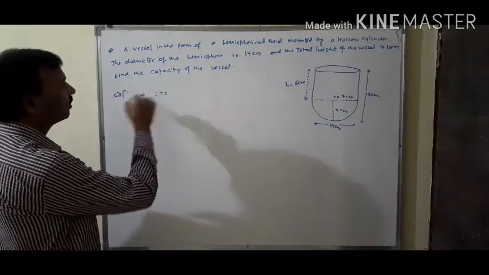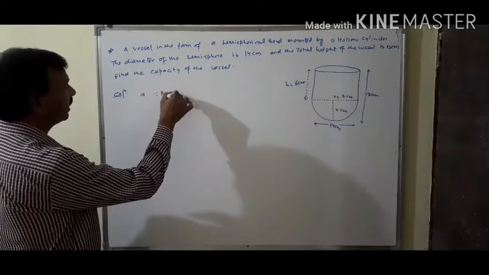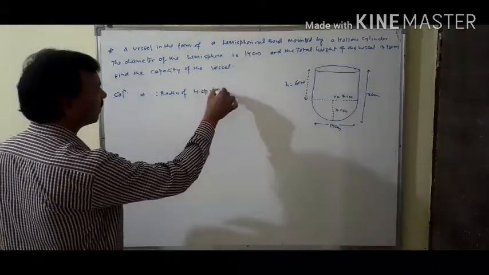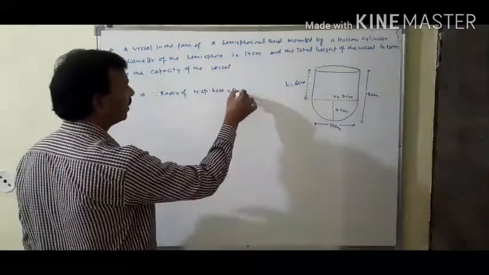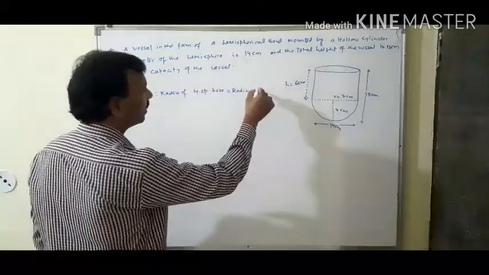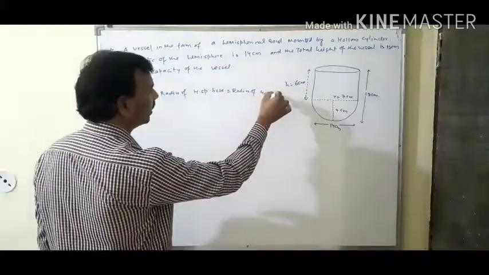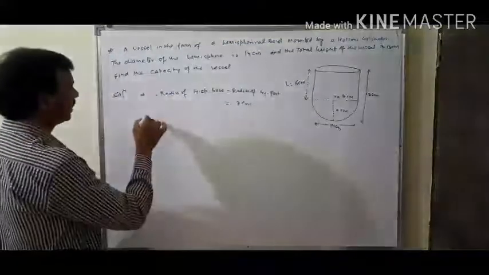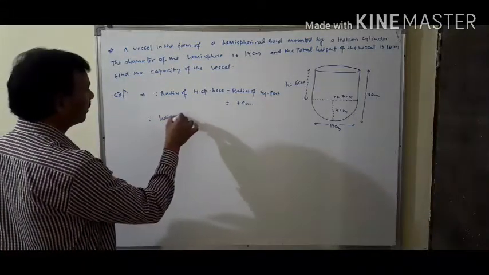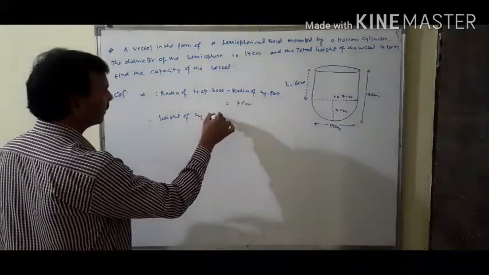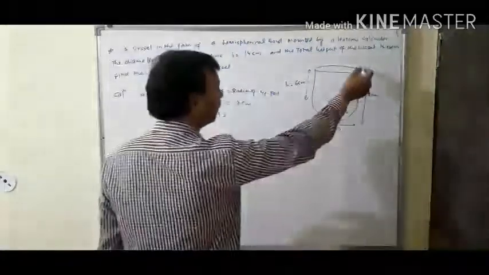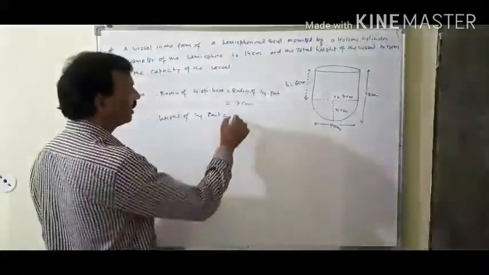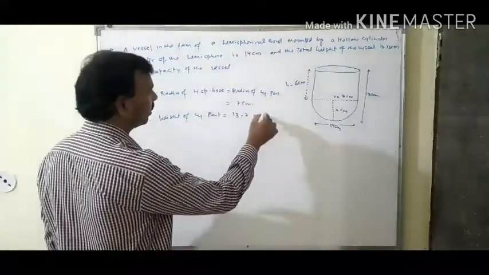Since R, the radius of the hemispherical base, is equal to the radius of the cylindrical part, equal to 7 centimeter. Since the height of the cylindrical part is equal to the total height of the vessel minus 7 centimeter, that means 13 minus 7, this will be equal to 6 centimeter.